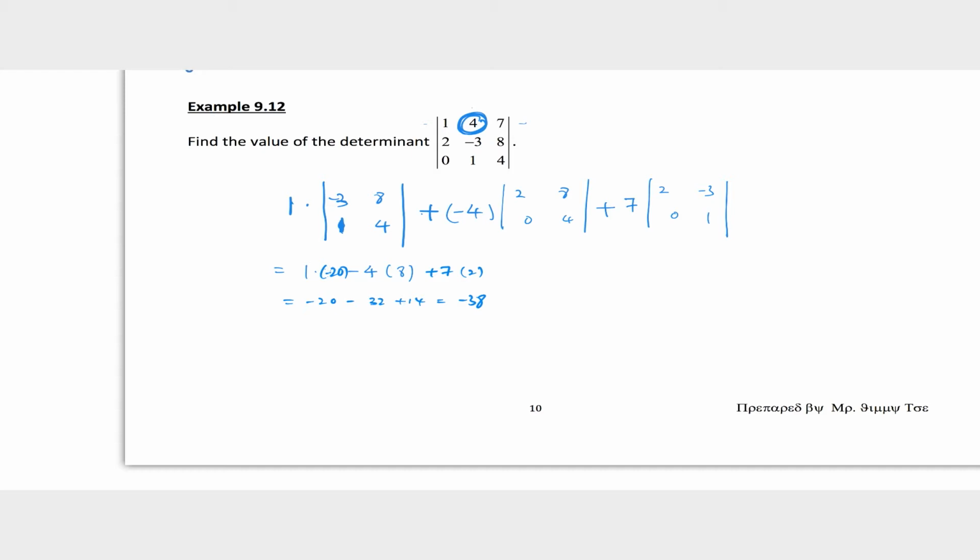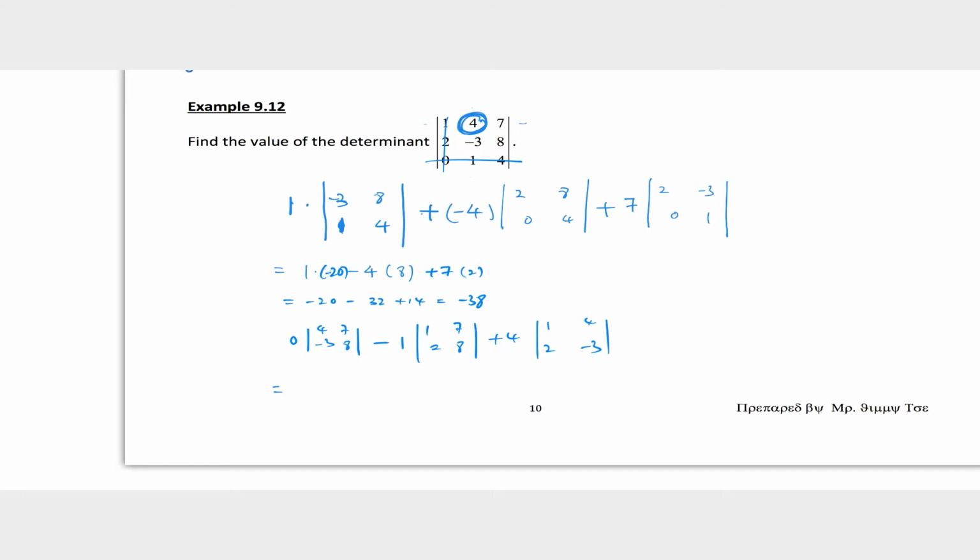I want to repeat this idea by using the last row. The last row, the first one is 0, so maybe you can ignore it. That means 0 times the minor matrix, which is 4, -3, and 7, 8. And then minus 1 times 1, 7, 2, 8. And then plus 4 times 1, 4, 2, -3.